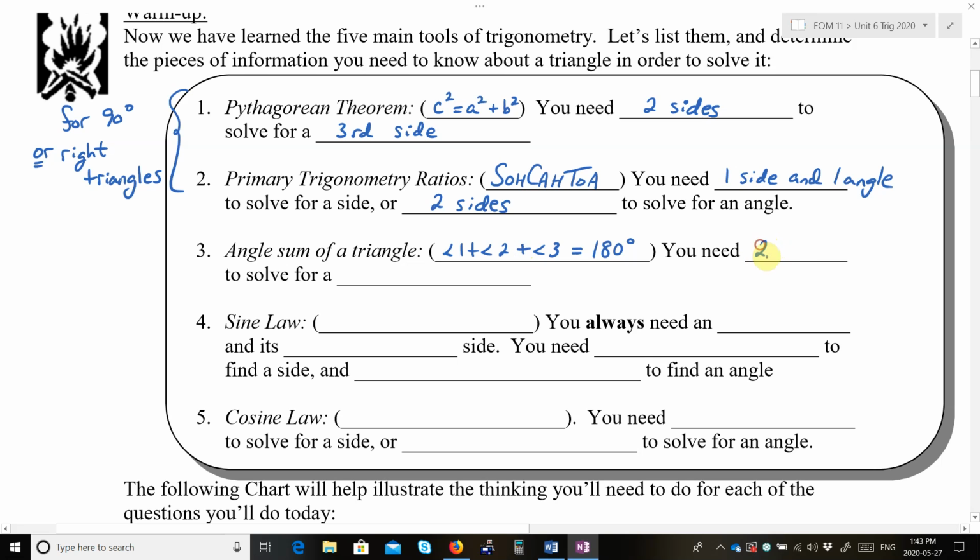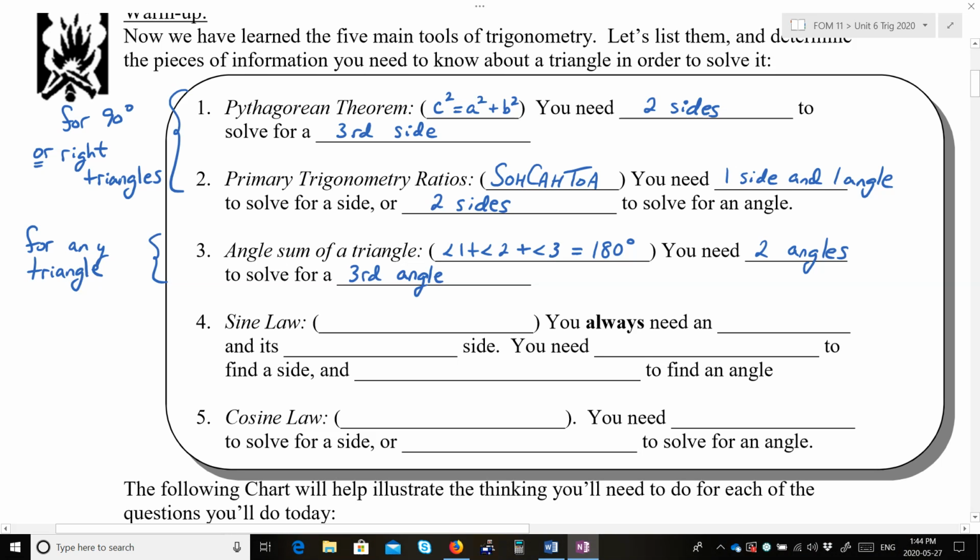You need 2 angles to solve for a third angle. And this property is true for any triangle.